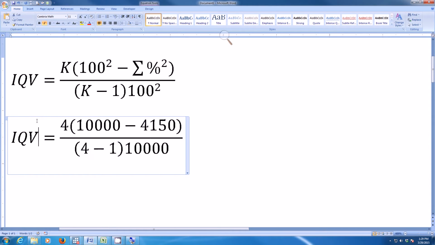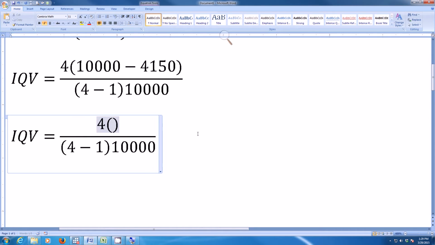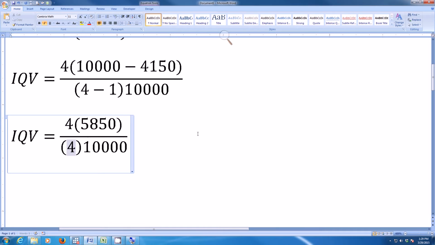And so I can continue doing some of the arithmetic here. I'm just going to highlight this and then paste it. And I can do some simplification here. So 10,000 minus 4,150 is going to come out to 5,850. In my denominator, I have 3 times 10,000.